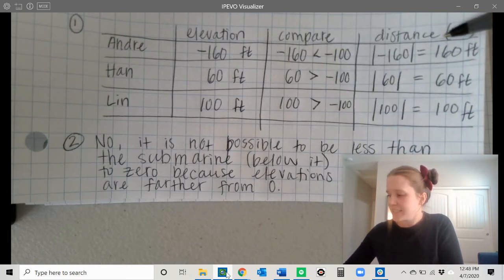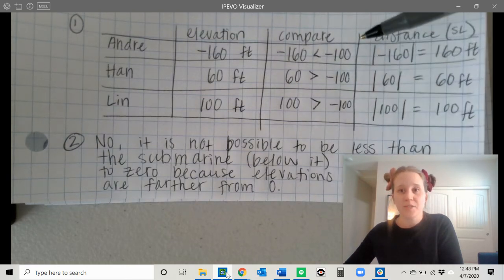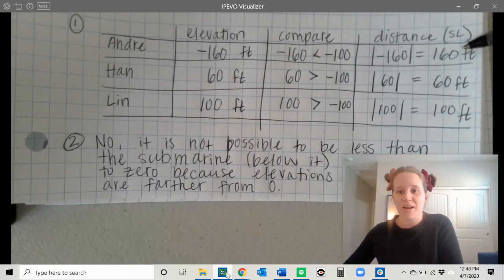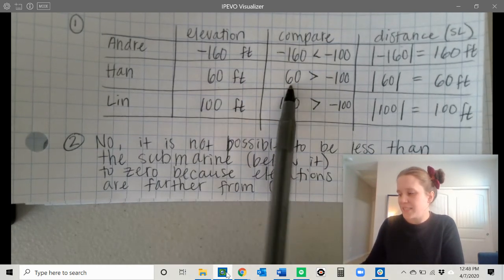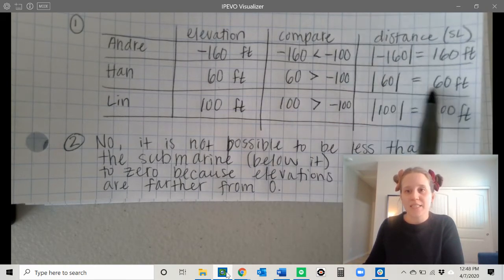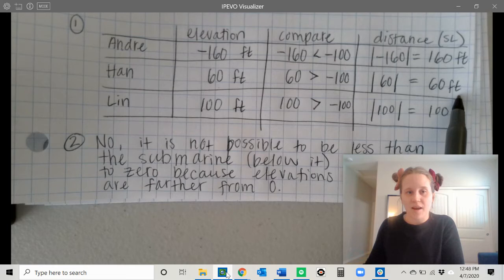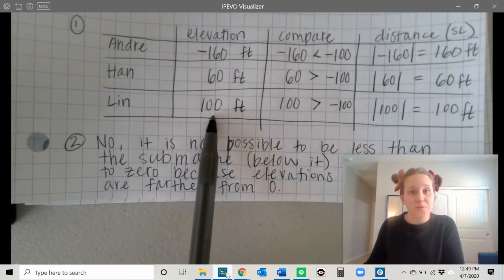And then Andre's distance from sea level is the absolute value of his elevation. So the absolute value of negative 160 is 160. Okay. Here is Han's, 60 feet. 60 is greater than negative 100. The absolute value of 60 is 60. So Han is 60 feet away from sea level. Lynn's elevation on my number line is 100 feet.